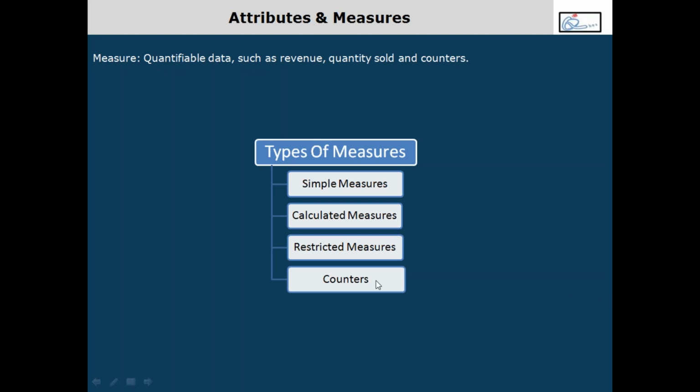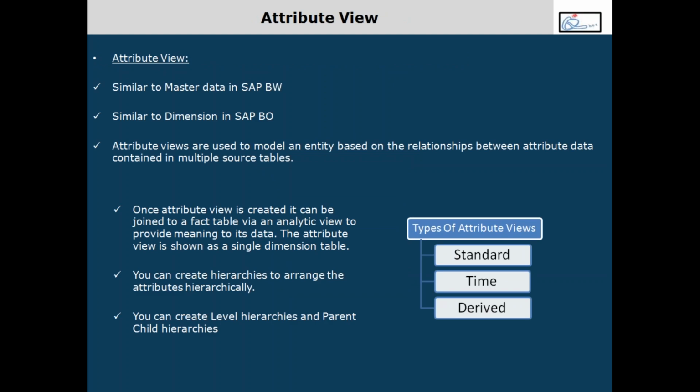So when you want to have a measure with aggregation function as count distinct, then you would go with the measure type as counter. Say for example, I have order number. I just want to get the count of orders performed by a customer. So when you want to get this count, you create a measure of type counter.